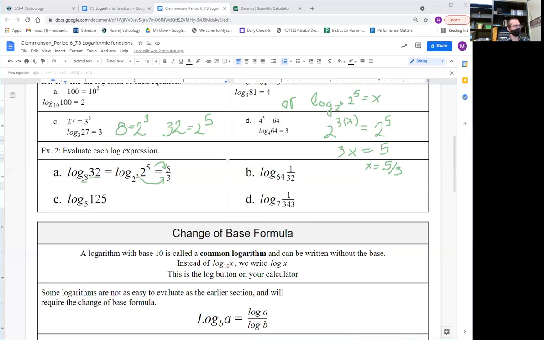So again, 8 and 32, I can rewrite each one of those as 2 to some power. Because 8 is equal to 2 to the third, and 32 is 2 to the fifth. So I rewrote those right here.